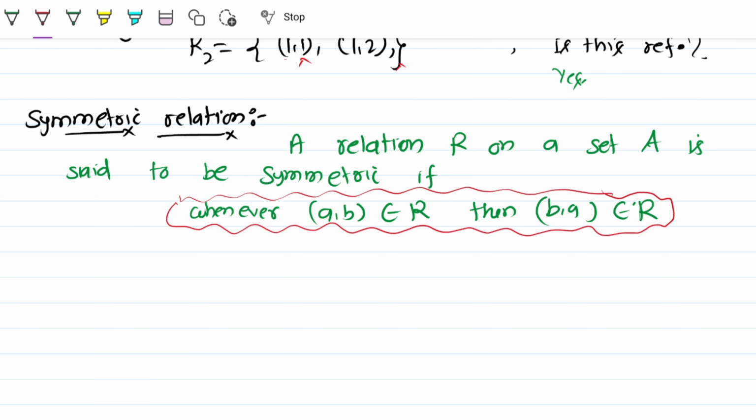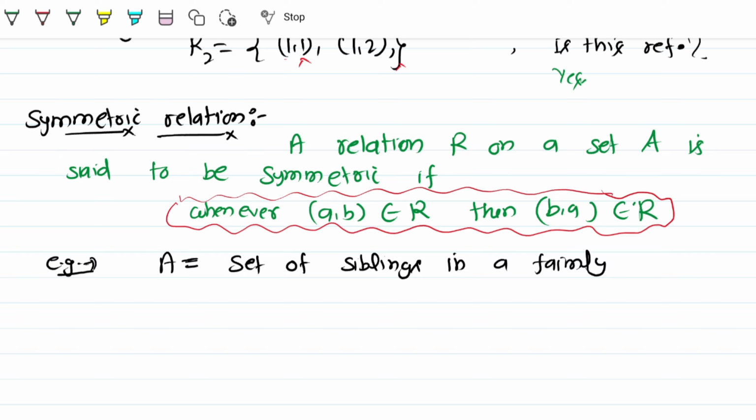Okay, can we take some examples? If I say the given set A is a set of siblings in a family.